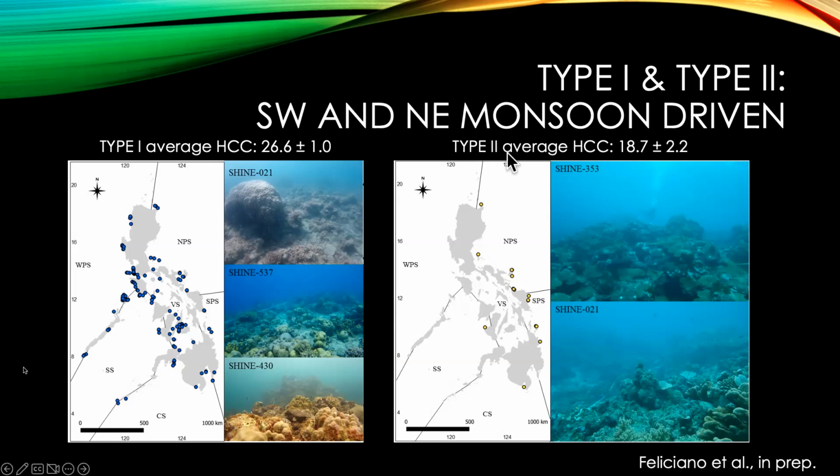Type 2 reefs, okay, on the other hand, tend to be the reefs that are facing the northeast, the Amihan, northeast monsoon. And notice the coral cover in the northeast facing reefs, fringing reefs, their average is lower than national average. Okay, 18 versus 26 versus the 22.8 na pinoint out ko kanina.